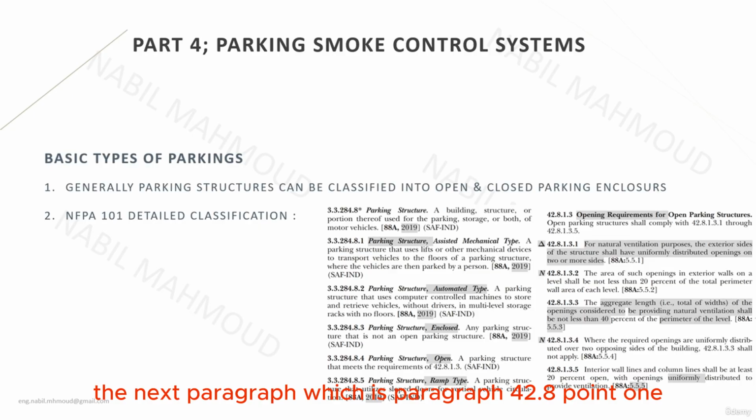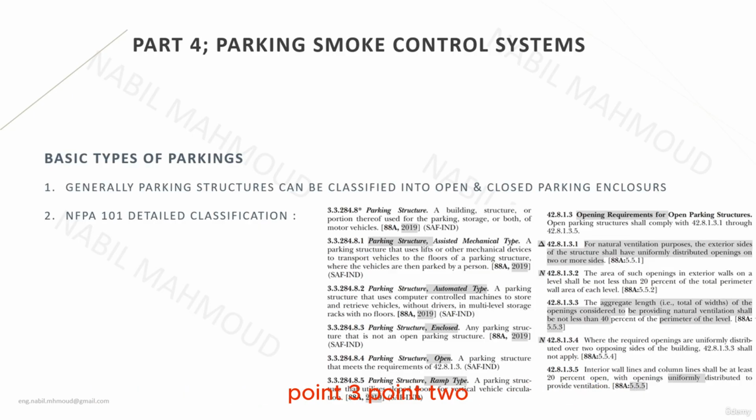The next paragraph, which is paragraph 42.8.1.3.2, states that the area of such opening in the exterior walls on a level shall be not less than 20% of the total perimeter of the wall of each level.